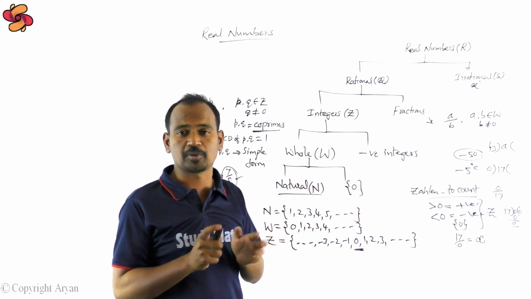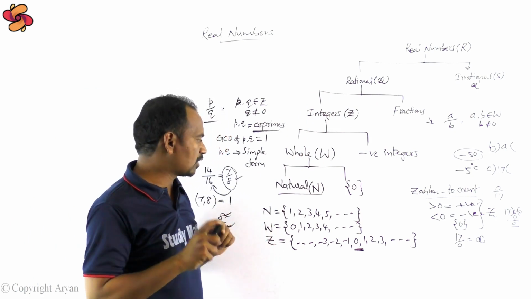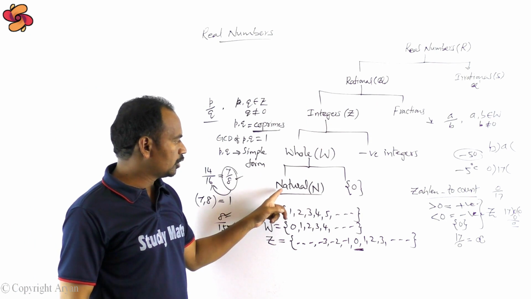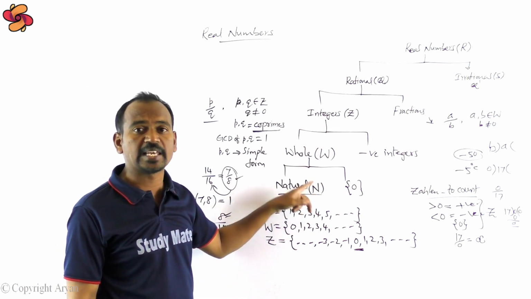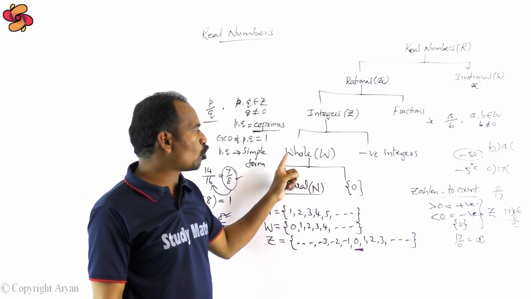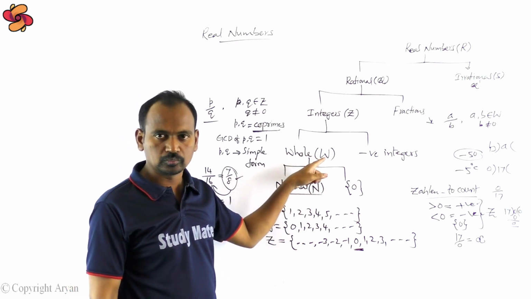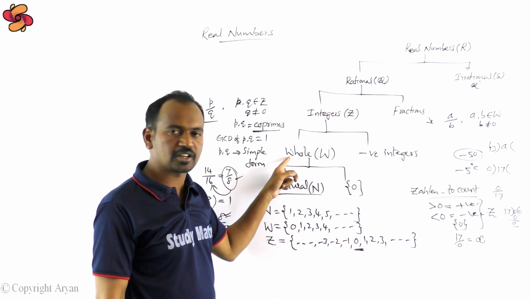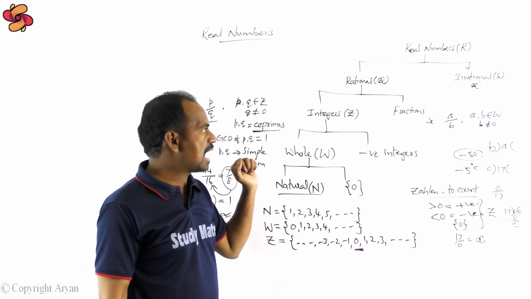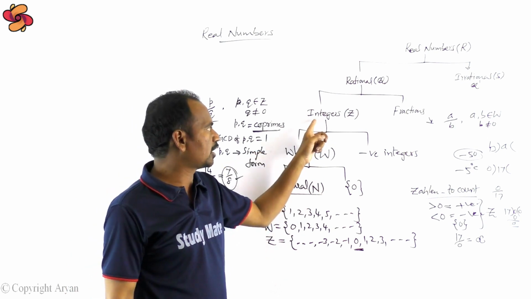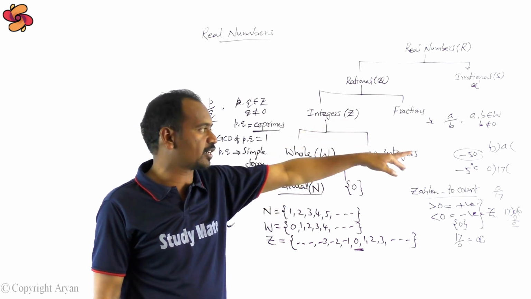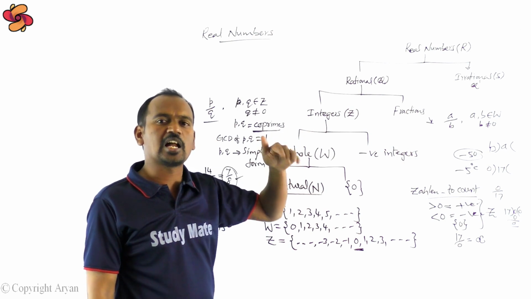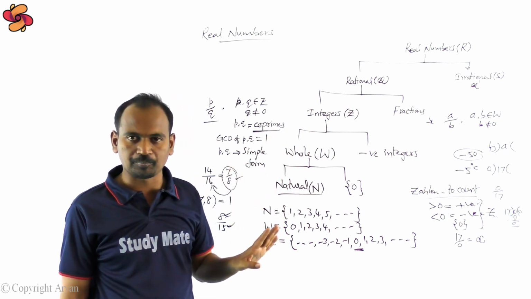One thing you need to know: the set of natural numbers is denoted by N, the set of whole numbers is denoted by W, the first letter is W, no? That's fine, and I told you the reason. The set of integers is denoted by Z. For that I told you one reason. Got it?